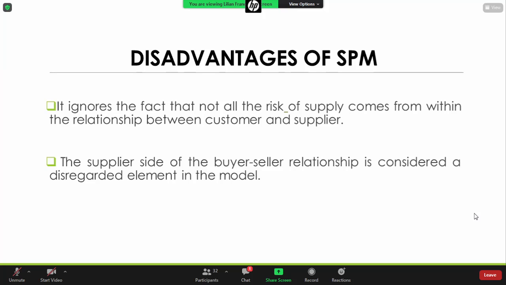Next is second, the supplier side of the buyer-seller relationship is considered a disregarded element in the model. As you observe naman, yung matrix ay nakafocus lang siya sa purchaser kung paano sila magkakaroon ng purchasing strategy, especially kung kapag mataas yung supply risk or mababa.